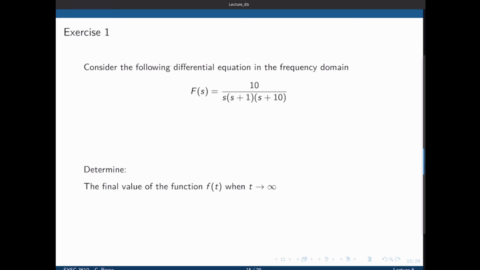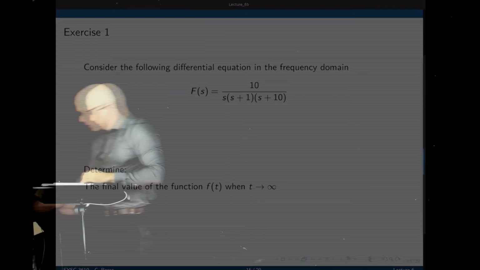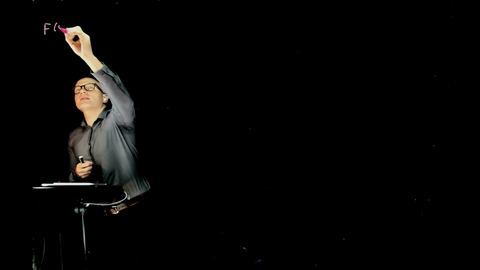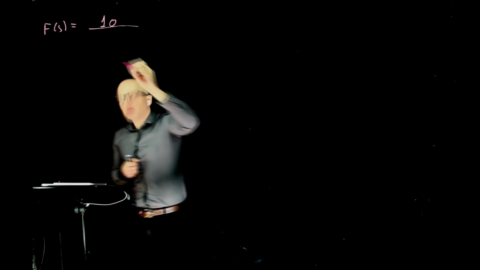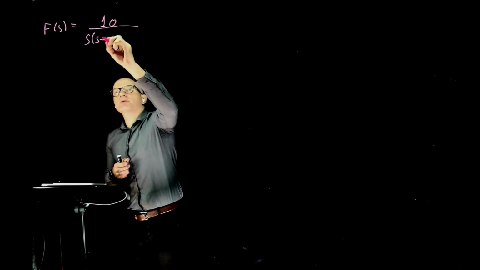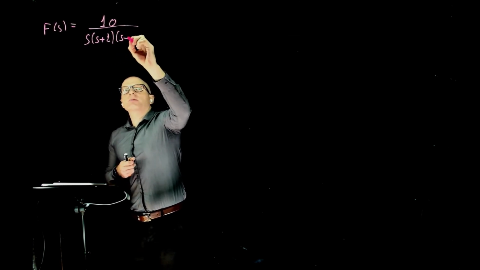That is how the function reaches a steady state. If you only look at the steady state, then that information is, of course, not available. Okay, so the function we have is F(s) equals 10 over (s plus 1)(s plus 10).